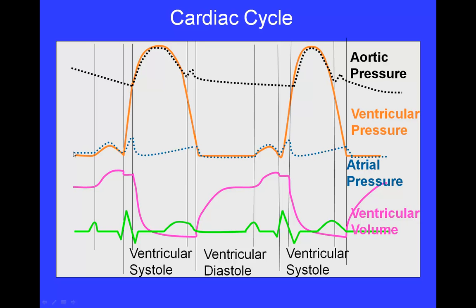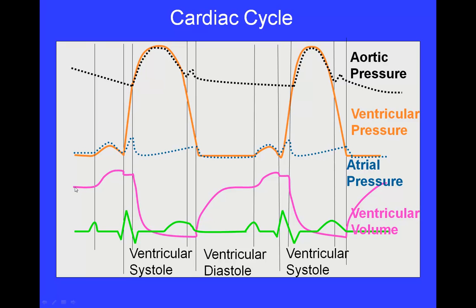When we go down a little bit lower, we see the blue circular line, the little dots. That's atrial pressure, and since we're looking at conceptualizing the left ventricular pressures, let's also think about this as left atrial pressure. And it goes up and down through various portions of the cycle, and we'll investigate that as we go along.